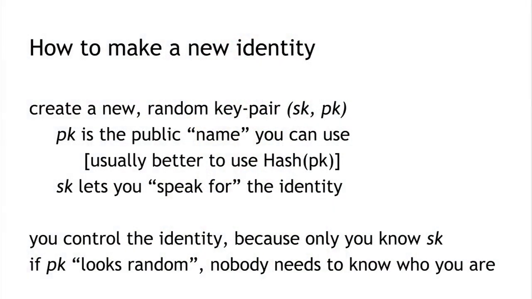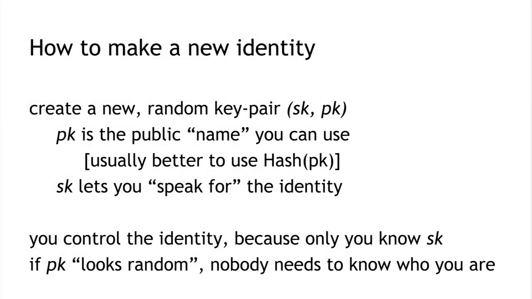And that means that there is an identity in the system which only you can speak for, and of course that's what you want an identity to be, something that one person can speak for that everybody can see.